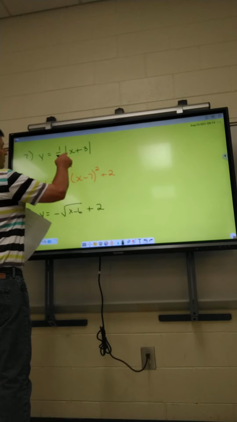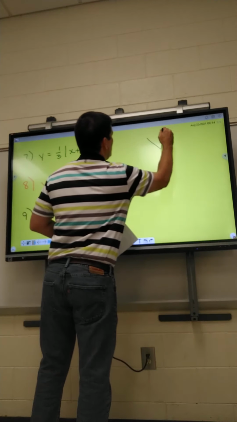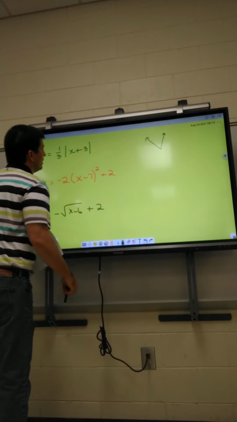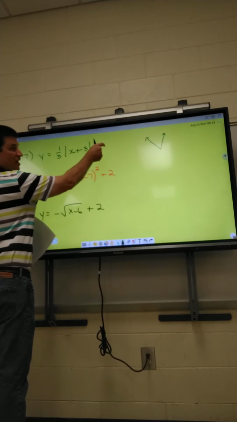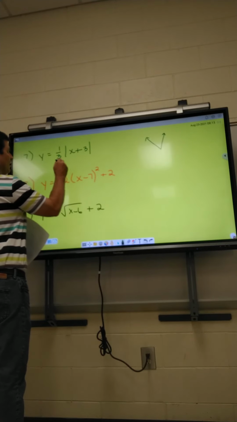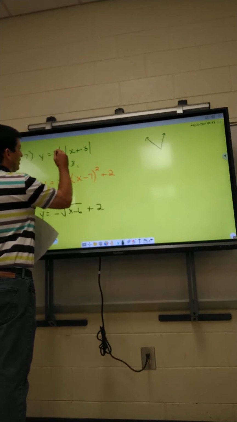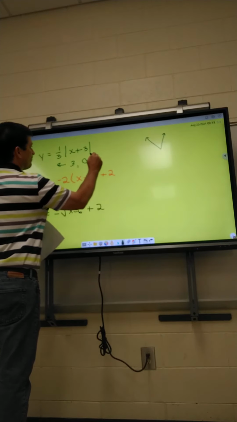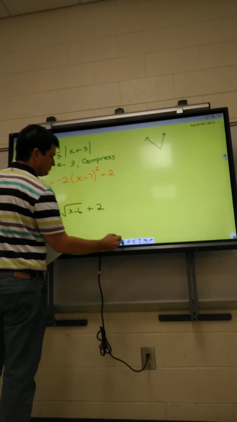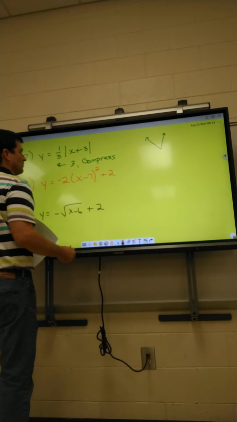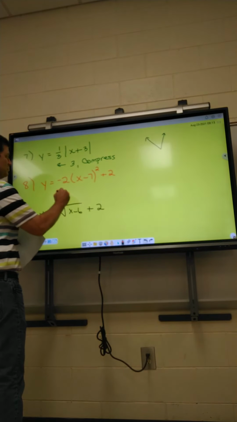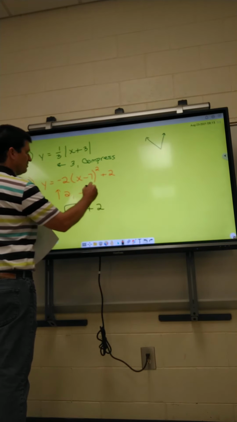7. What kind of shape? It's going to be a V. I don't have to go up or down because there's not a number on the end. I do have to go left 3 and compress. Right here I go up 2, right 7.